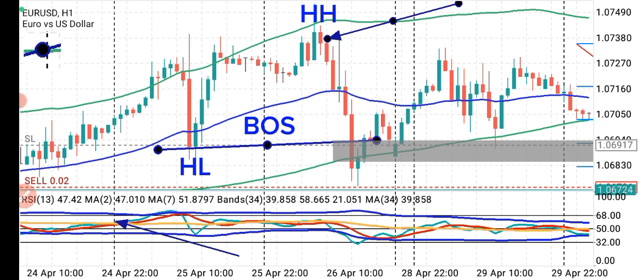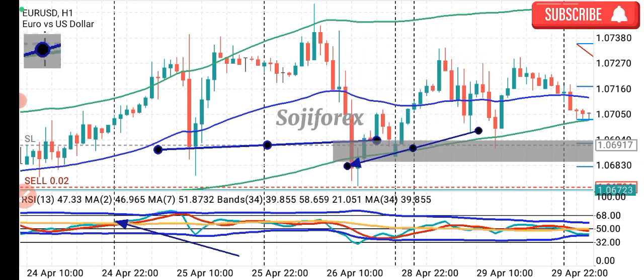So for a break of structure to happen, it means there is a significant move of orders that was able to break through and bring about a change of market direction.